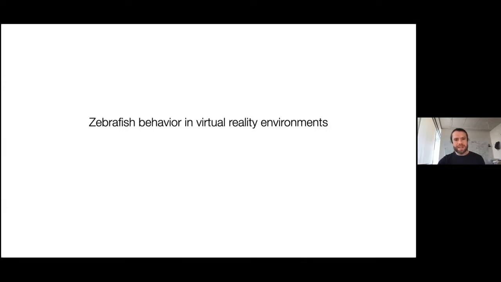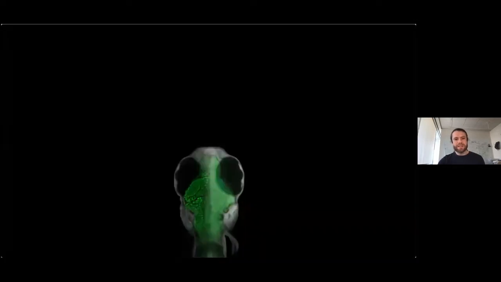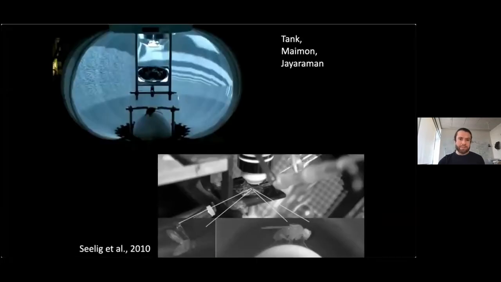So we wanted to combine this with virtual reality environments in zebrafish. And this was really inspired by work that had been done earlier in flies and mouse, where labs like the labs of David Tank, Kavi Memon, Vivek Jayaraman used virtual reality systems to essentially allow animals to play computer games while their brains were being recorded.